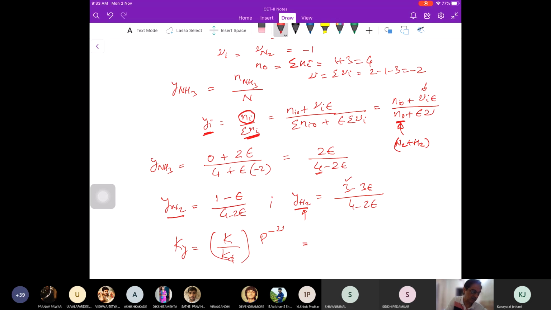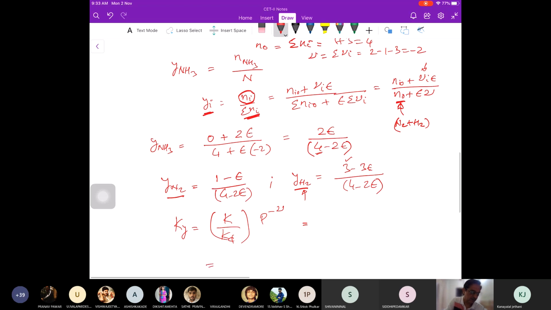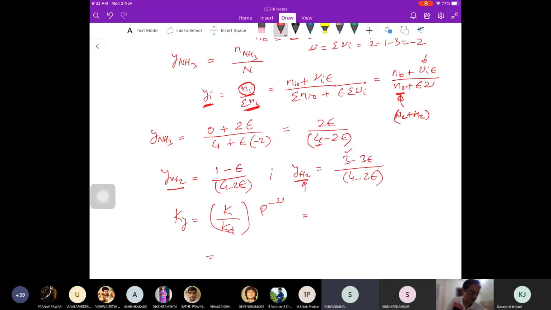So we are talking about numerator में always वो component का आएगा moles. Denominator is total moles. Total moles कभी change नहीं होगा. That's why you are not changing anything in the denominator. Only numerator will change depending on कितना reaction हुआ, या stoichiometry क्या है. ठीक है, समझ में आया? हाँ सर. So what is Ky equal to?